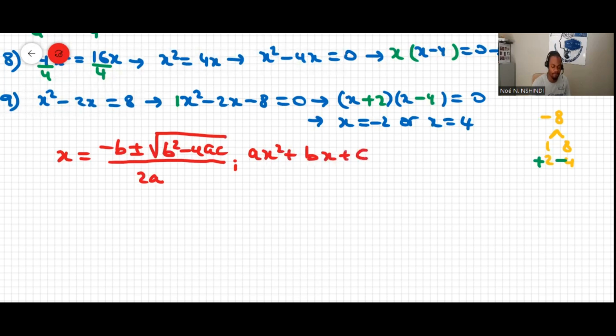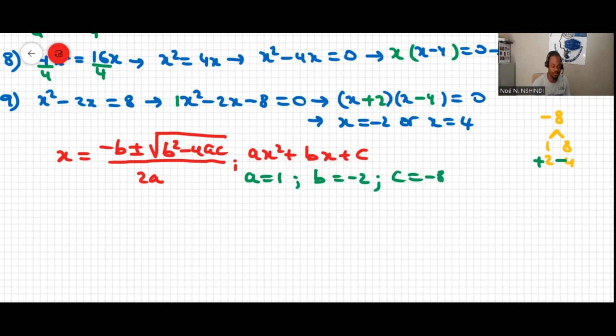In this case, a is 1, the coefficient of x squared. B here is negative 2, the coefficient of the term that ends with x, and then the constant term in this case is just negative 8.